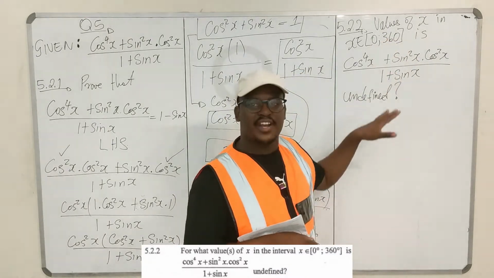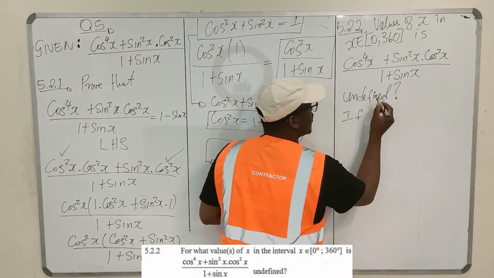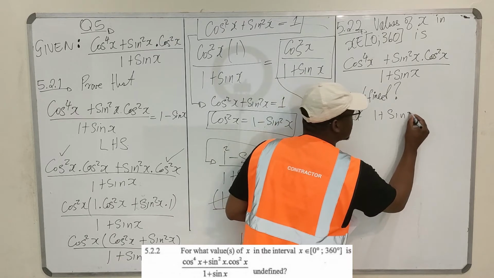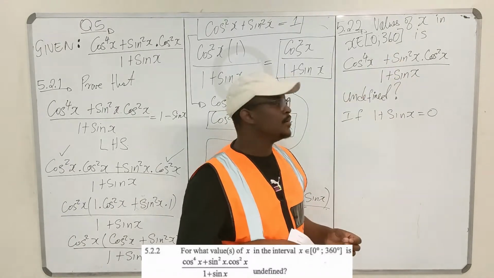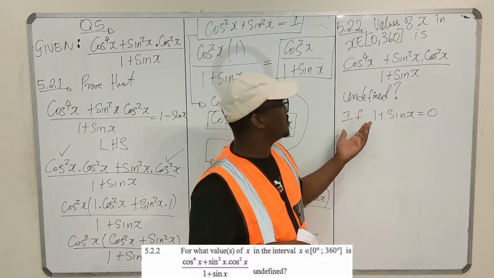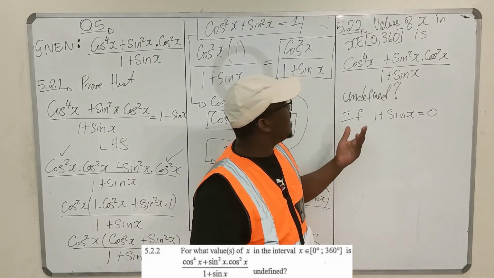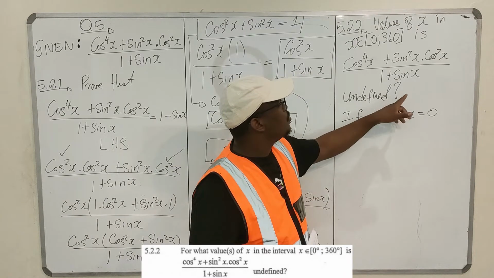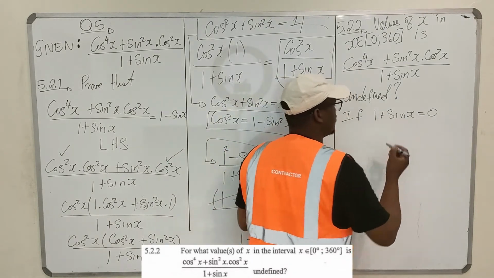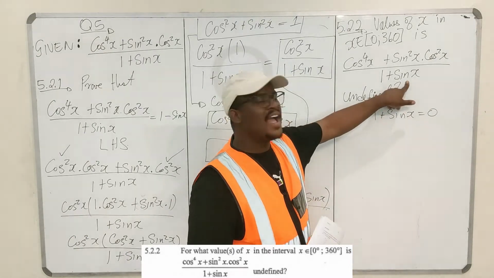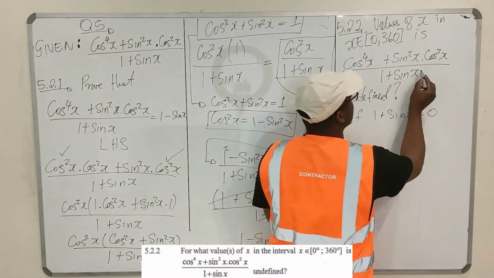But if you look at the entire fraction, you know that if your 1 plus sine x becomes 0, let's say at some point, you get that your denominator 1 plus sine x is equal to 0.